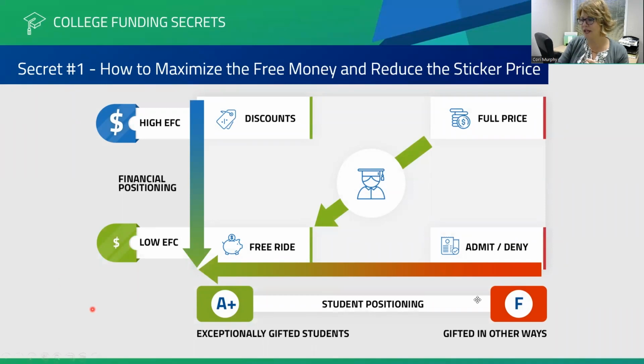Because when you can live over here on the left side of the grid, when your students are at the front of the pack, you will have the best opportunities to maximize that free money and reduce that sticker price. So no matter where you're at, if you're pushing this way, financial positioning, student positioning, collectively pushing in this direction, we are maximizing that free money and reducing the sticker price of college.